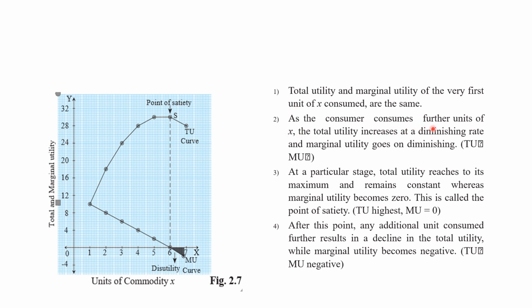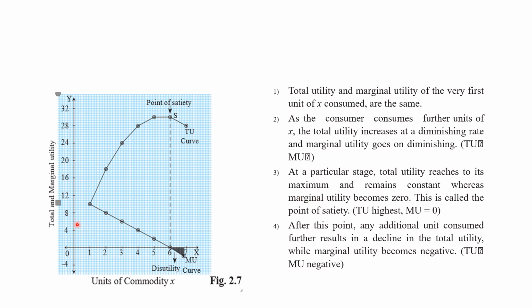As the consumer consumes further units of X, the total utility increases. As you go on consuming, total utility keeps on increasing at a diminishing rate. Marginal utility goes on diminishing, it goes downwards, and total utility goes upwards. At a particular stage, total utility reaches its maximum.